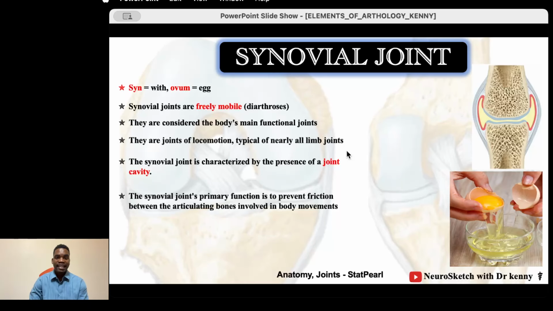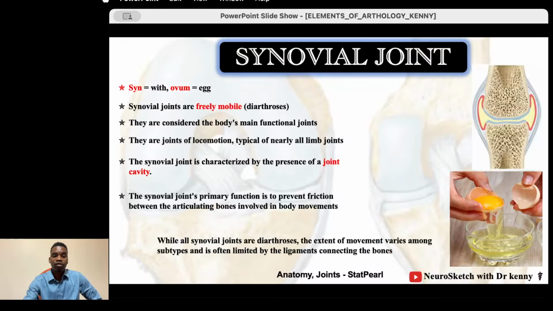Typically, near all the limbs they have these synovial joints, from the fingers and the knees, the shoulder joint, the elbow joints. They're all synovial joints.